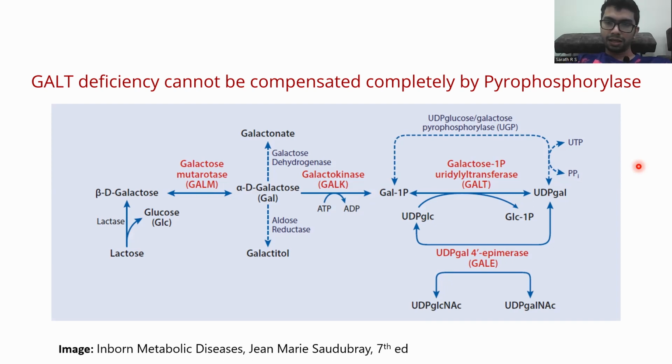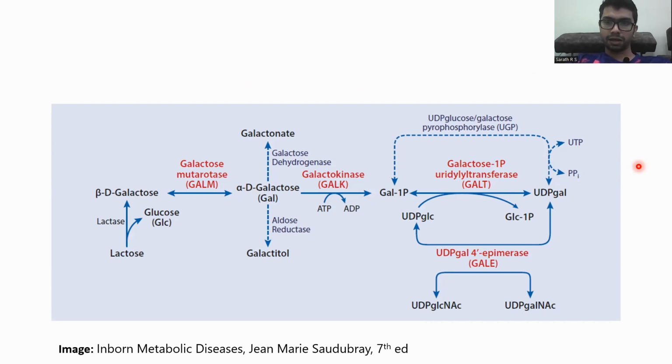That's why, if there is deficiency of GALT enzyme, there will be manifestations of galactosemia, even though there is an alternate pathway possible using pyrophosphorylase, because pyrophosphorylase is not as good as the uridyl transferase as far as converting galactose 1-phosphate to UDP-Gal is concerned.